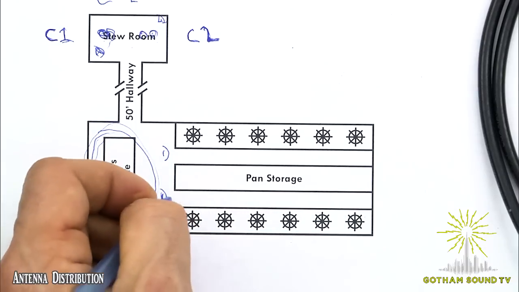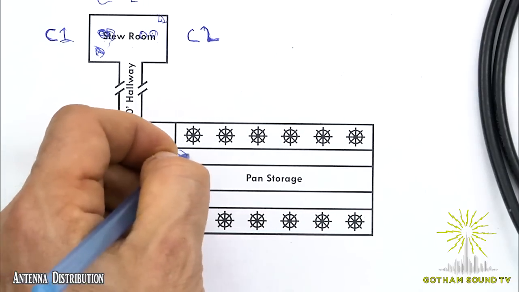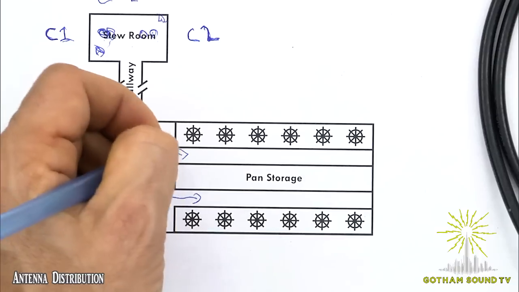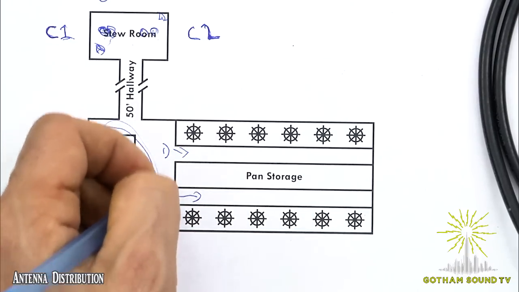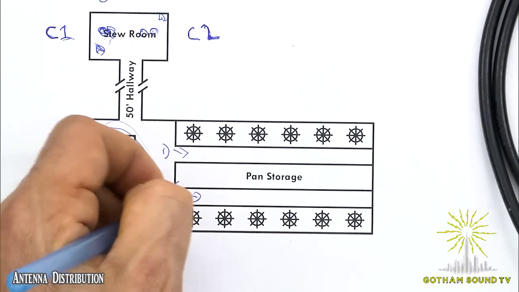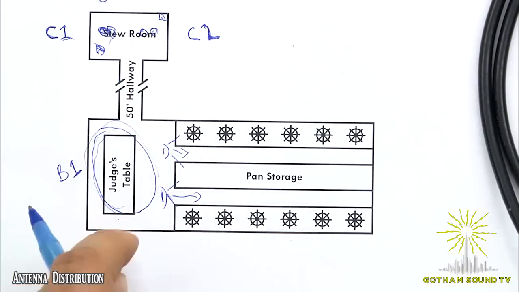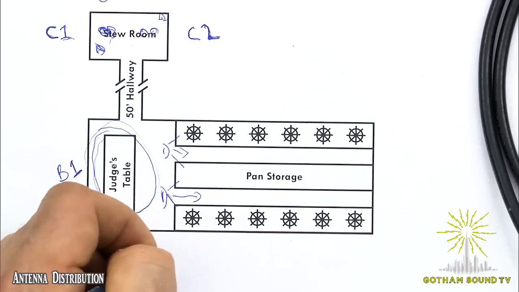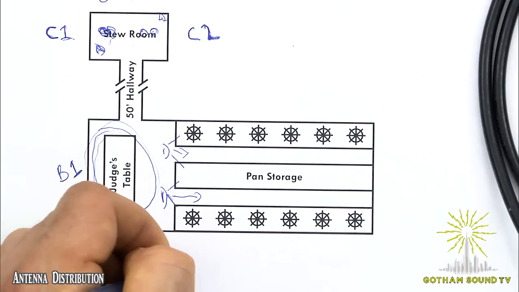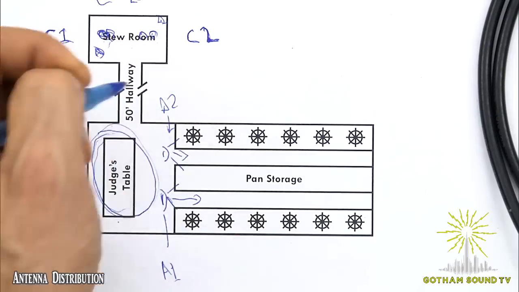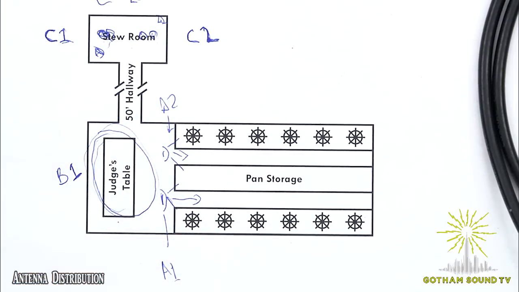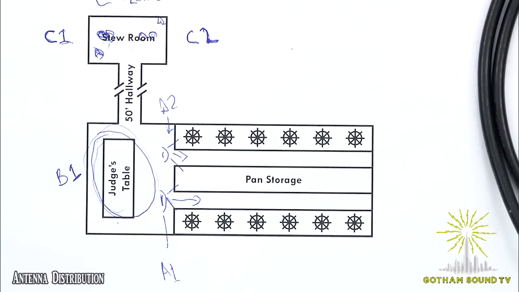And my 2 antennas that are pointed that way, it might be wider band this way, the pickup is that way. Those would be A1 over here and A2 over here.